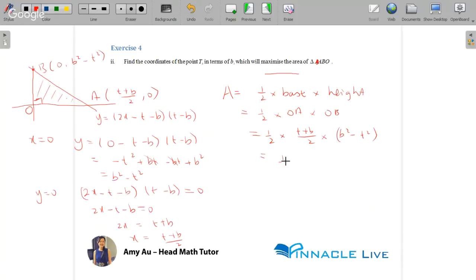And then simplify. What I'm going to do is factorize that. These two are essentially the same thing. So what I'm going to do is combine them together as a square.